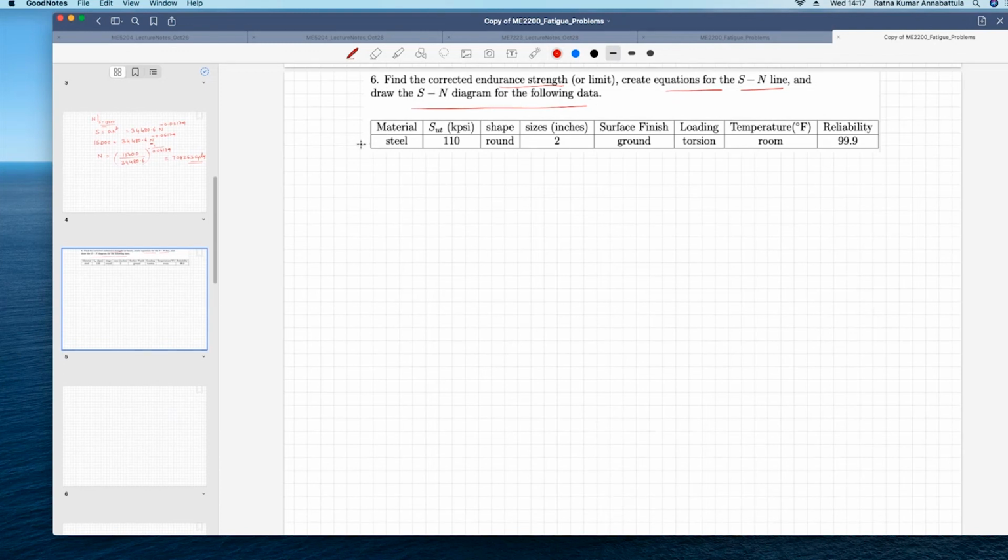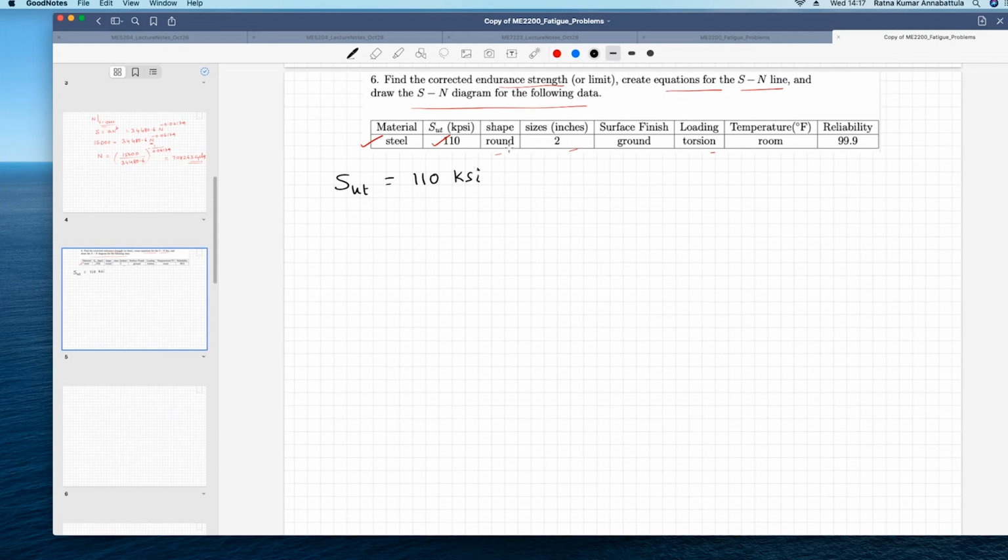So here you are given the material is steel and SUT is 110 kilopounds per square inch.